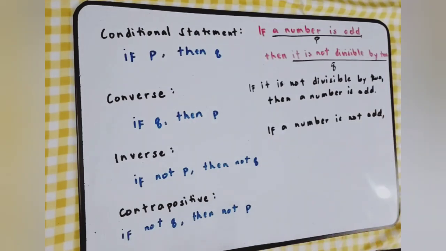But now, look at the Q, or the conclusion: it is not divisible by 2. It is already negated because of the word not, so when we negate it again, it becomes positive.